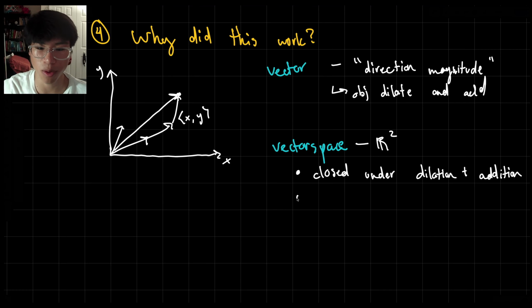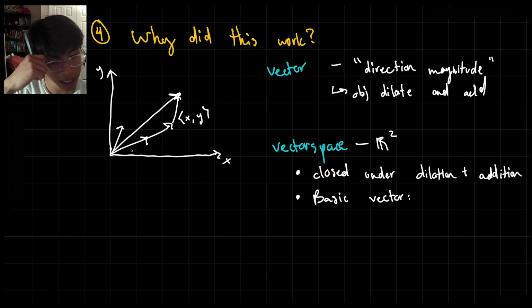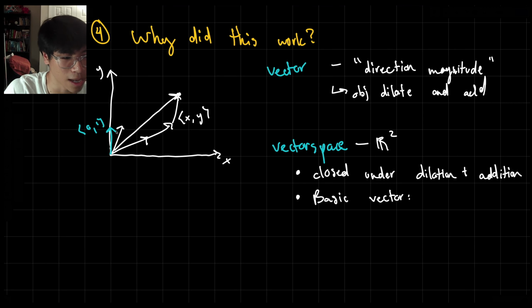The second important thing about vector spaces is the idea of a basis vector. With basis vectors, you're supposed to be able to combine them through dilation and addition and get any other vector in the vector space. Traditionally in R squared, this is done by giving you the vectors 0, 1 and 1, 0, the unit vectors along the x and y axis.